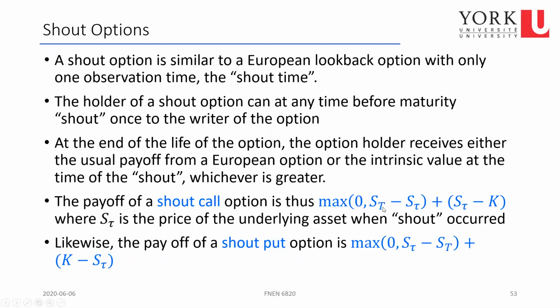Now if this part is greater than 0, you see that by adding them together it is really S_T minus K, which is the payoff of the regular call.